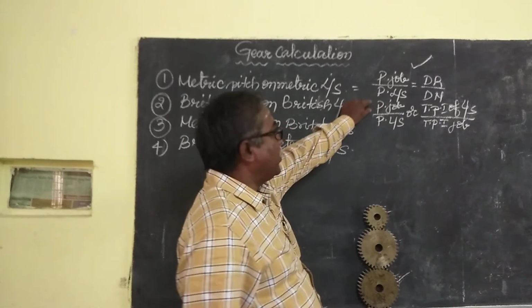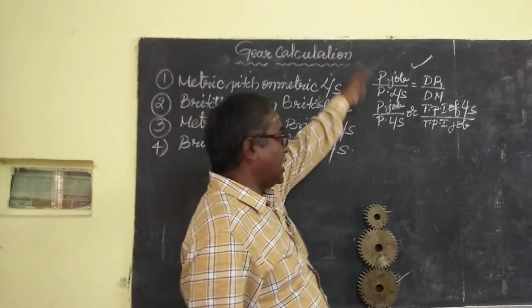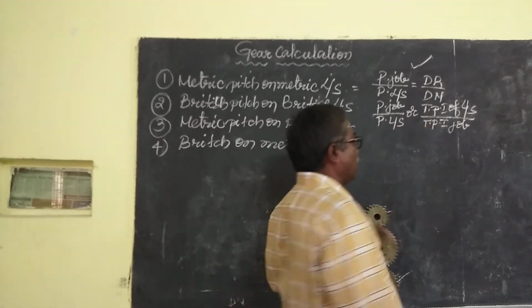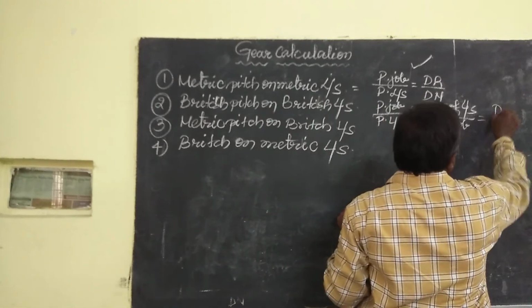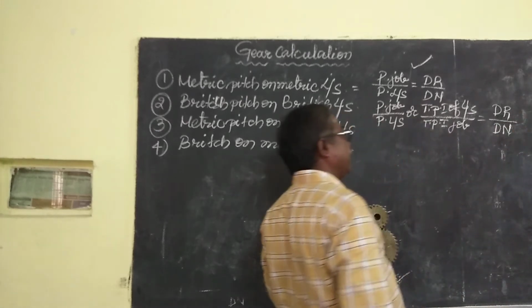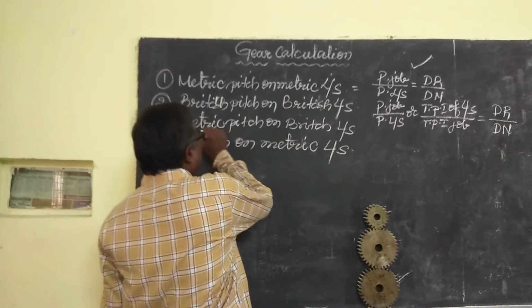When you are using pitch, you have to write this formula. When you are using TPI, TPI of lead screw by TPI of job is equal to dr by dn. Never be confused.